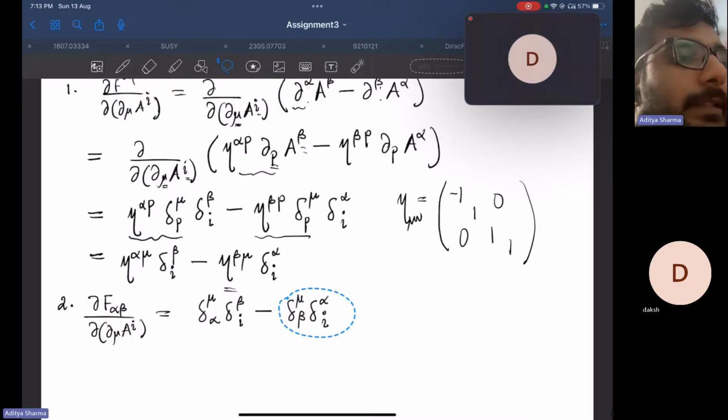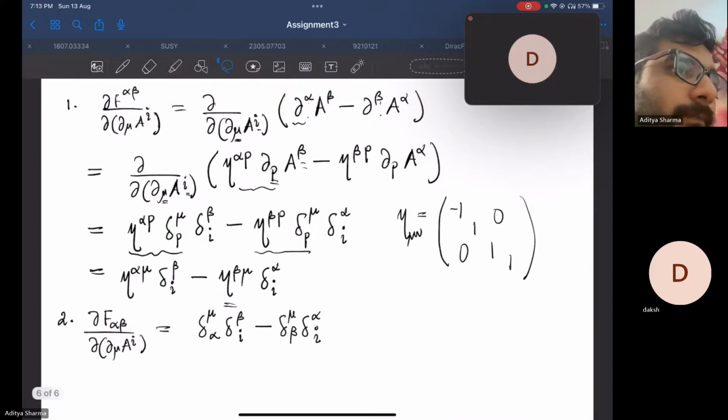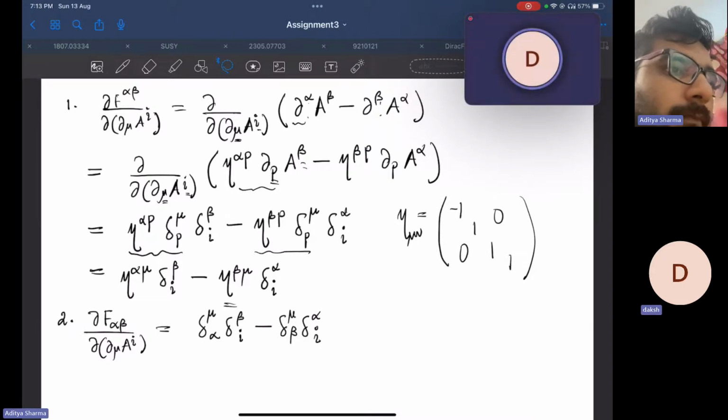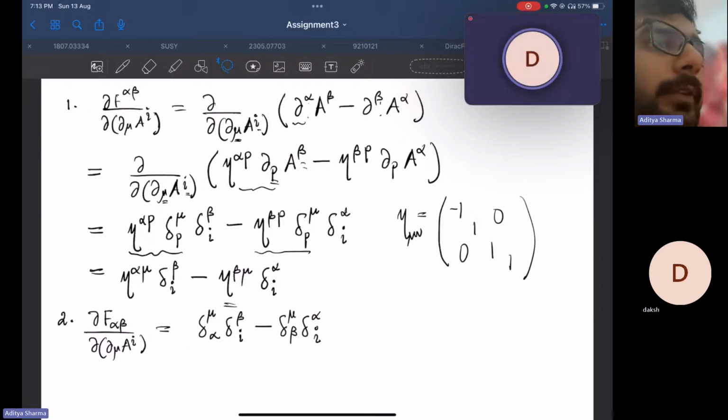Just check fast. Yeah, you are going to have to use that only.